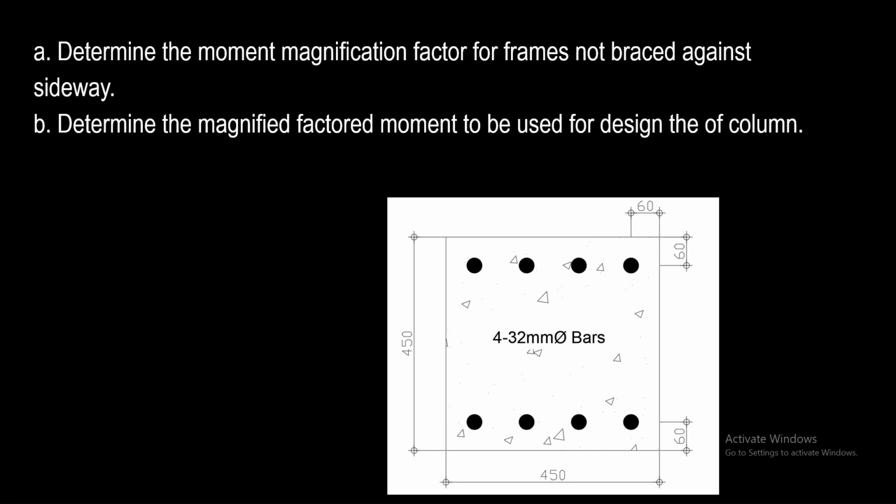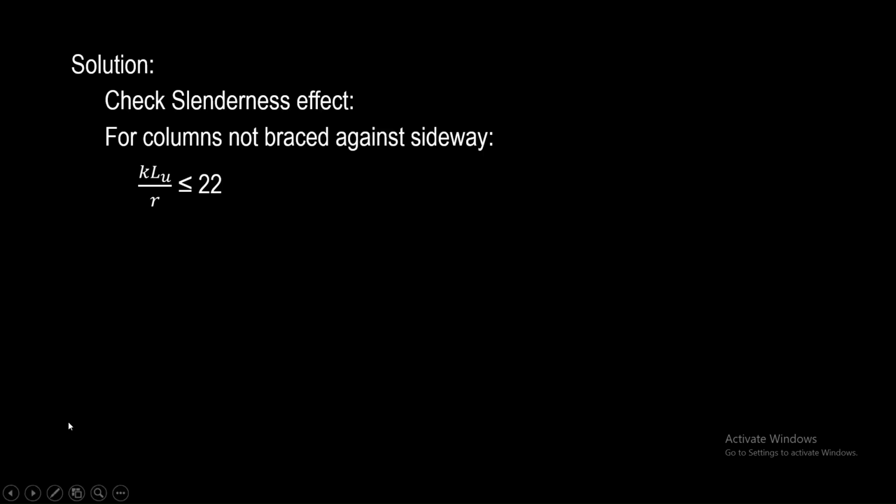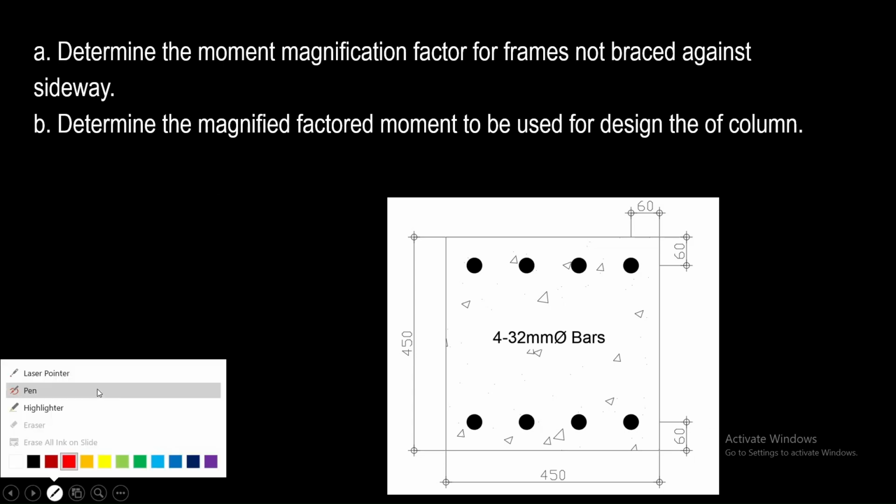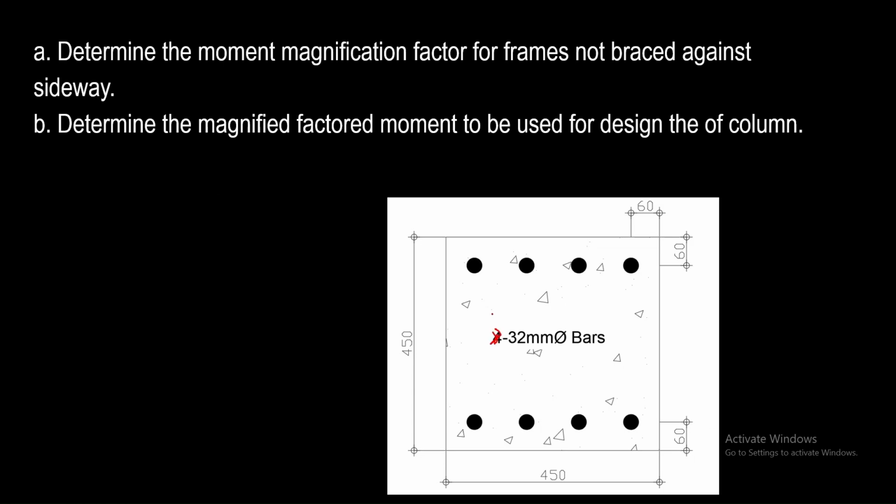Okay, on this slide, we can see the section of the said tied column. It is a square tied column having a dimension of 450 millimeters by 450 millimeters, and it has 8 pieces of 32 millimeter diameter bars.